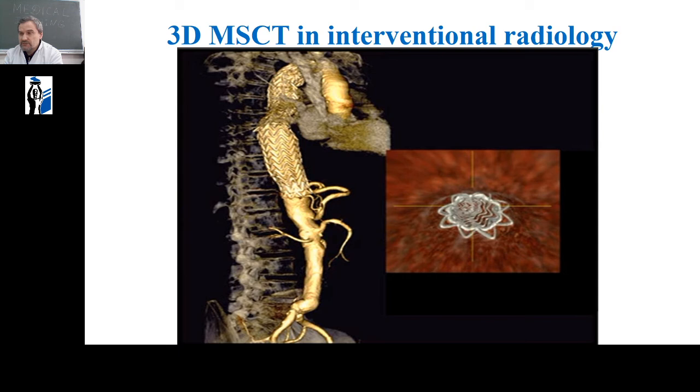Three-dimensional reconstruction makes it possible to look into the lumen of the vessel. In the left image, the outer volume of the vessel is reinforced with a special mesh made of metal alloy. In the right image, we see an internal lumen showing that its patency is preserved.